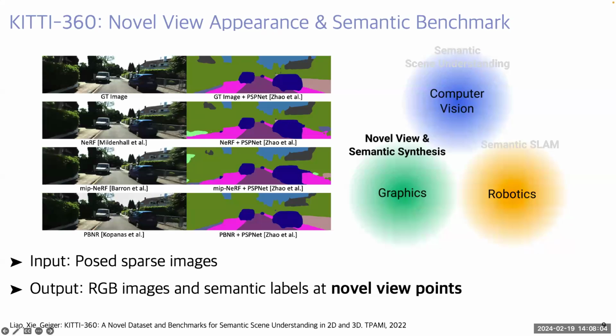In this benchmark, given posed sparse images, the users submit their RGB images and semantic labels rendered at novel viewpoints. This aligns well with the target of being able to render at novel viewpoints, as well as providing semantic information for a simulator.